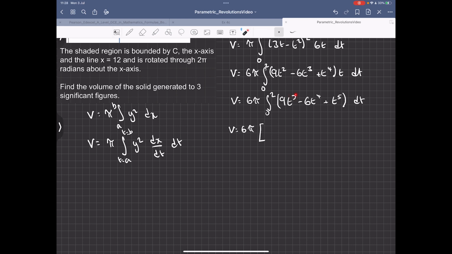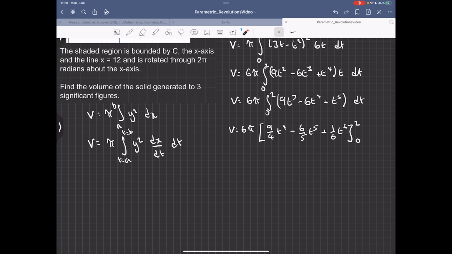We'll add 1 to this 3 to get 4, then divide by the new power, so 9 over 4 t to the 4, minus 6 over 5 t to the 5, plus 1/6 of t to the 6, between the limits of 0 to 2.